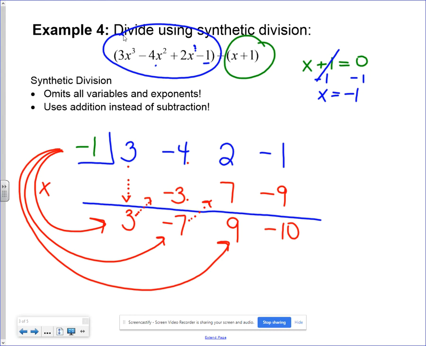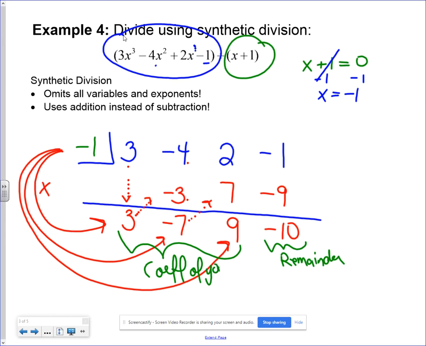Alright? So what I have here are the coefficients and the remainder of my answer. This last number is your remainder. Okay? These are the coefficients of your answer.